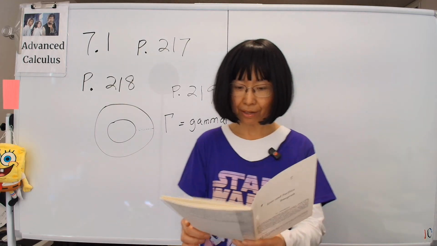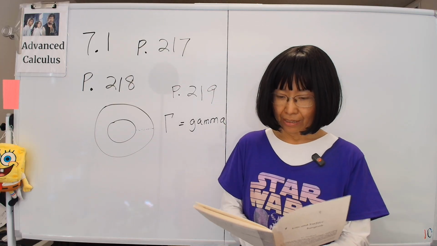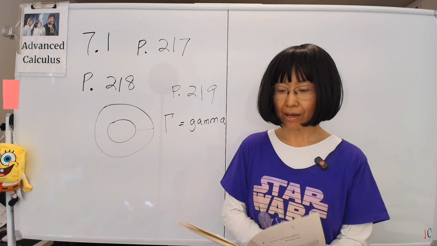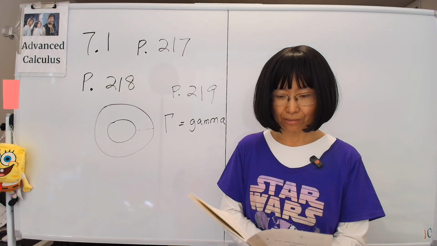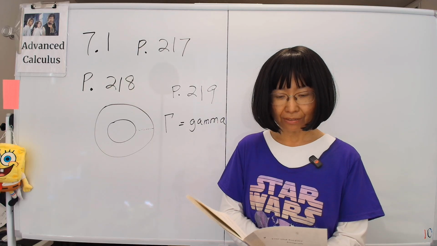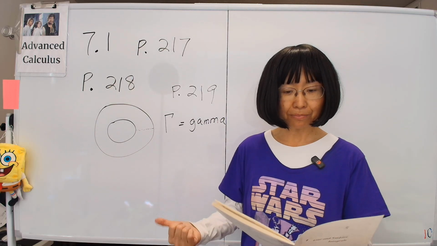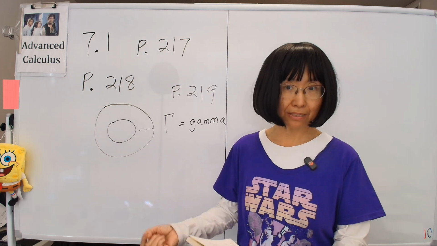Next, let's talk about theorem 1 on page 219. We have the existence of the line integral. Now, if gamma is a regular curve, and regular means it has no double points, and if the interval can be divided into at most a finite number of subintervals where phi and psi are both C1, okay?